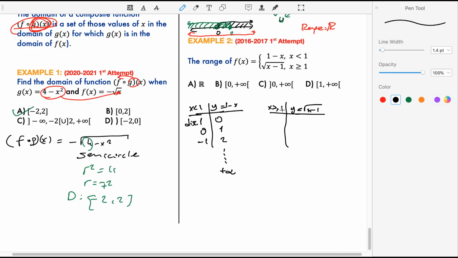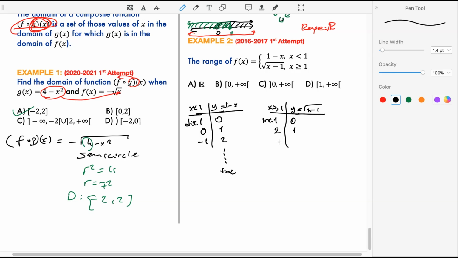Look at this part. Start with 1. 1 is included. When x is 1, 1 minus 1 is 0. Give a number greater than 1 like 2. 2 minus 1 is 1. Square root of 1 is 1. I want to give a number that gives me a perfect square number, so that I can take it out. Or you can use the calculator.